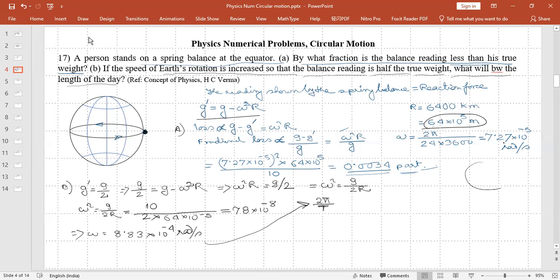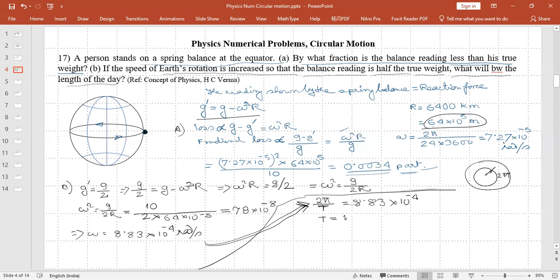Because in any circle, the total angle is 2 pi radian, and if total time is T, then the radian per second is 2 pi by T. So 2 pi by T is equal to 8.83 into 10 to the power minus 4.